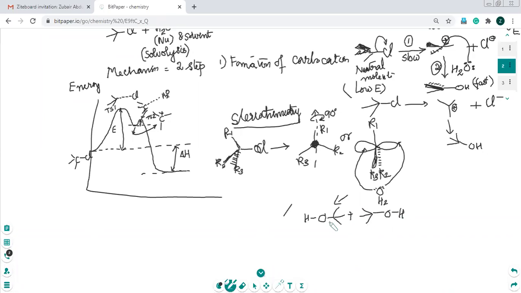In the case of these two, this starting material, these two are same, since there is no difference between R1, R2, R3. So I should have drawn like this. I will draw R1 here.